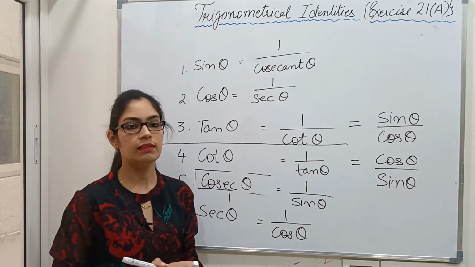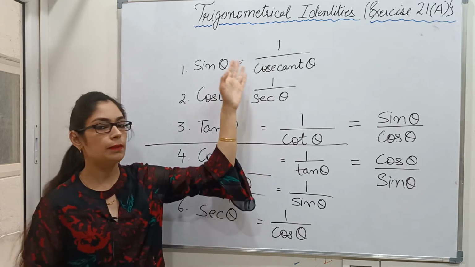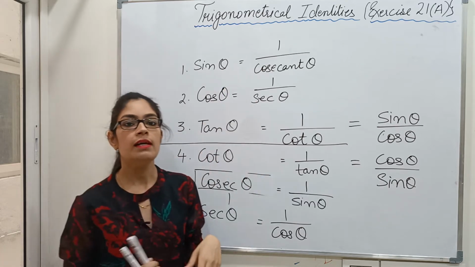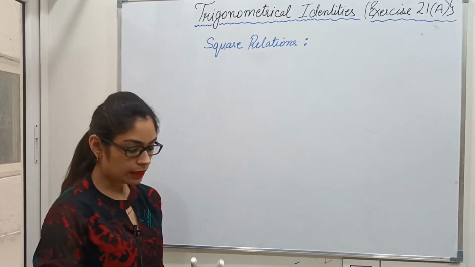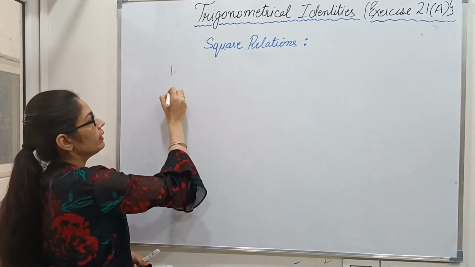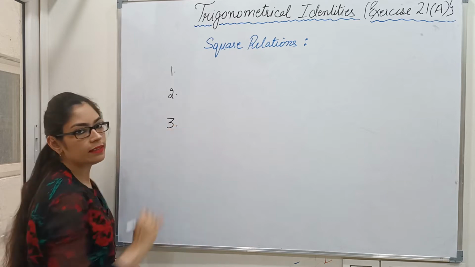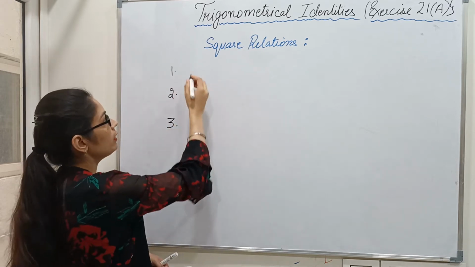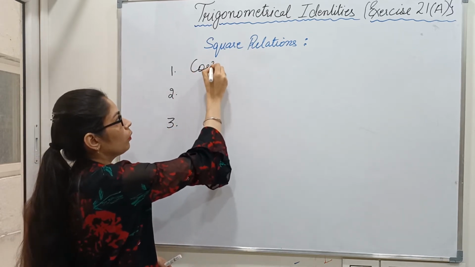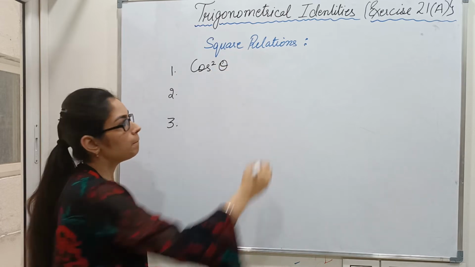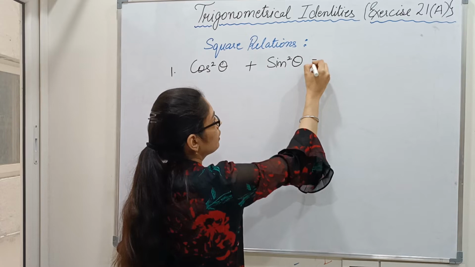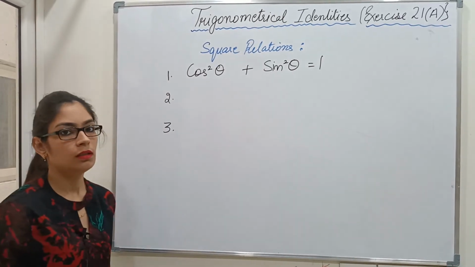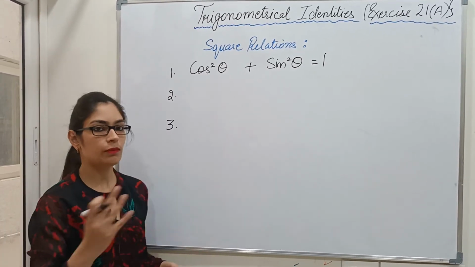And now the next relation. These are the reciprocal relations we have learned. Now let's learn about the square relations. In square relations, we only have to learn 3 relations. First one: cos square theta plus sine square theta is equal to 1.